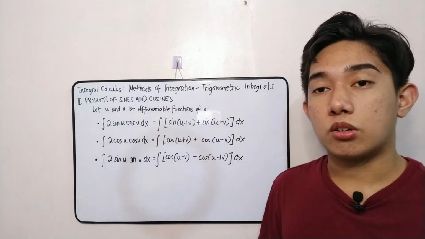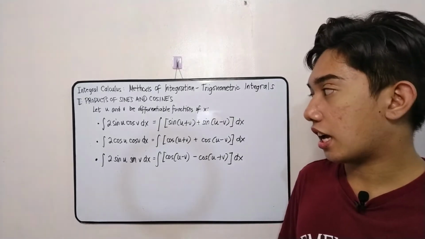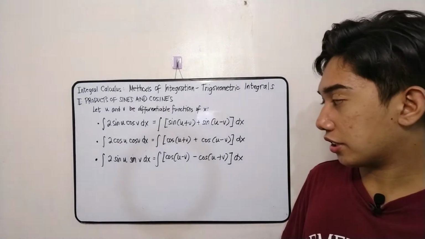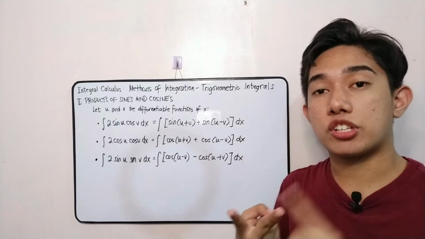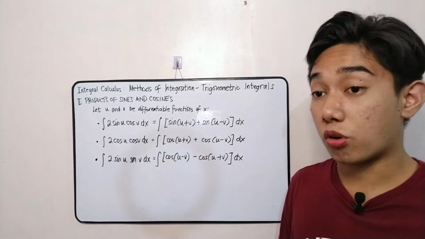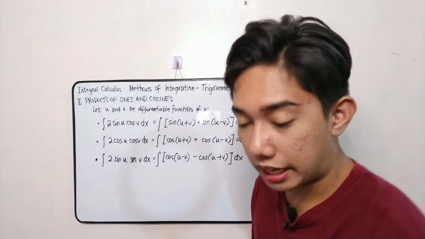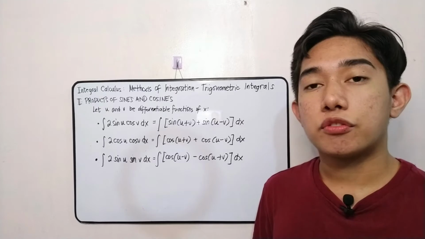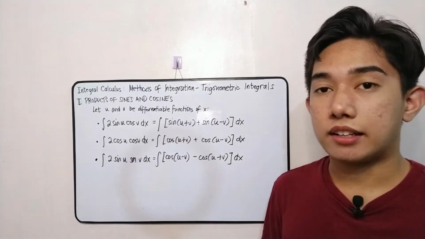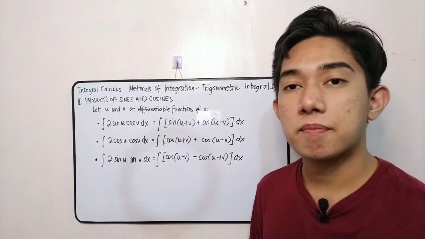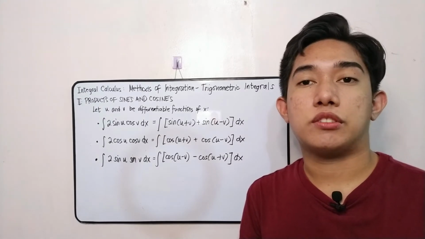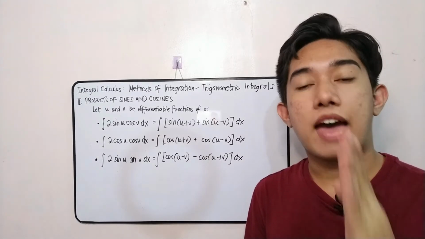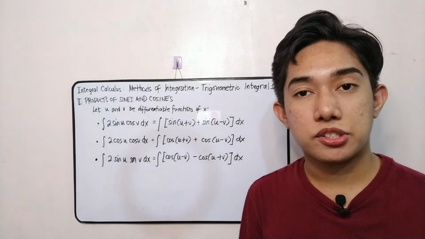My clue is, if they are the same trigonometric functions, let's say sine, sine, or cosine, cosine, I will always expect cosine for that one. And if they are different, I will expect a sine. To further understand this section of trigonometric integrals, let's have some examples.